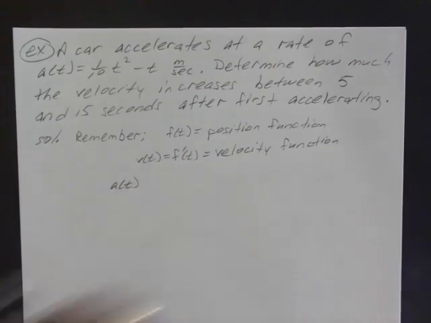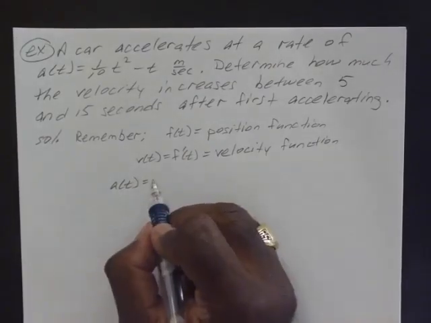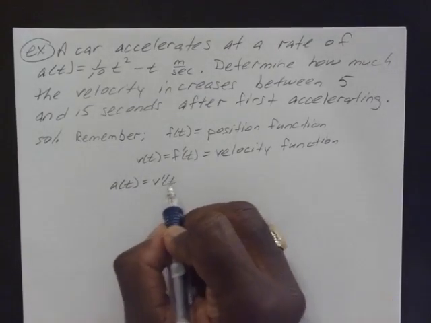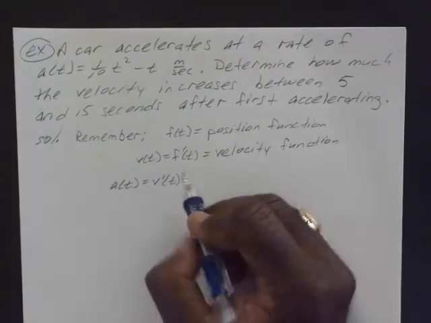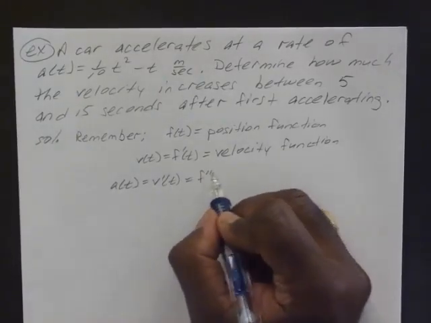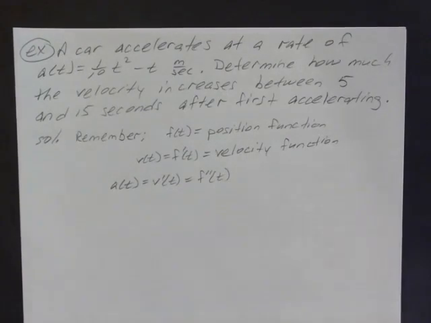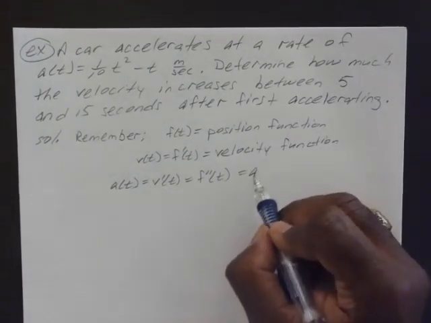And a of t, which is the first derivative of your velocity function, or the second derivative of your position function, that's your acceleration function.